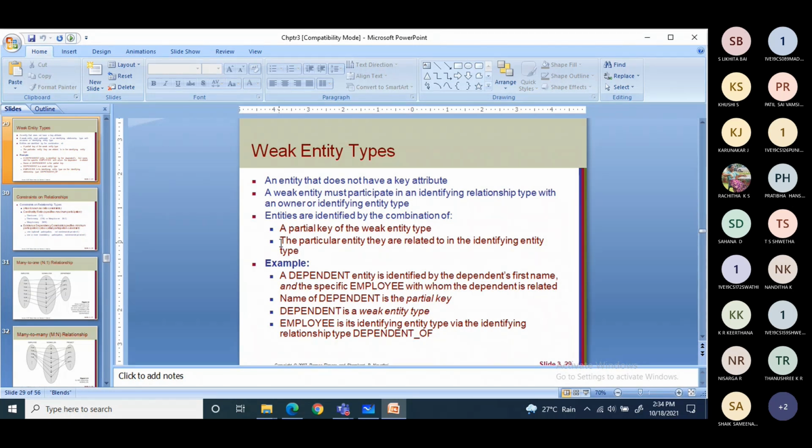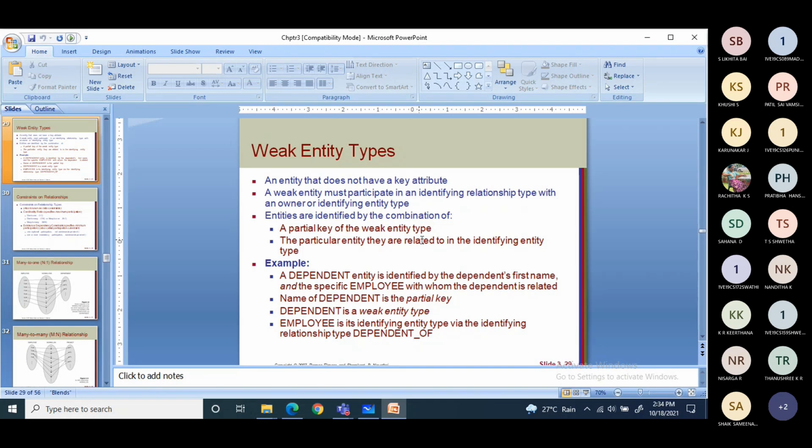A partial key may or may not identify its own dependent. The dependent name is the partial key. From that we cannot identify exactly the person, because the names might be repeated, so that's why you cannot take it as a super key or candidate key.